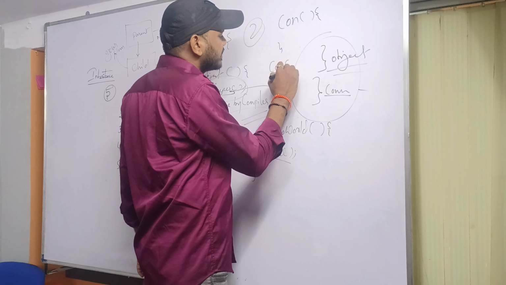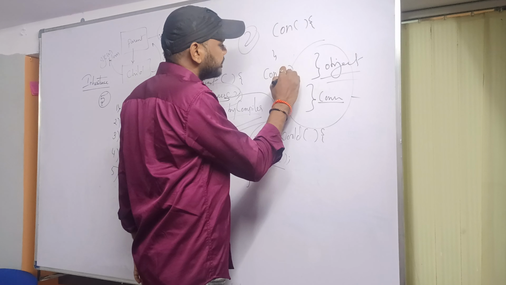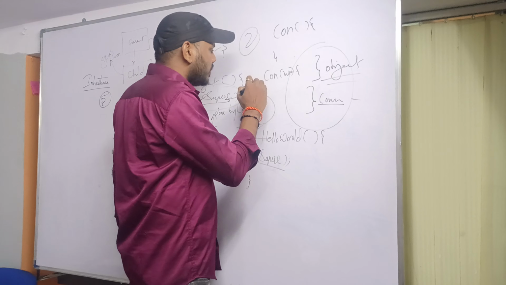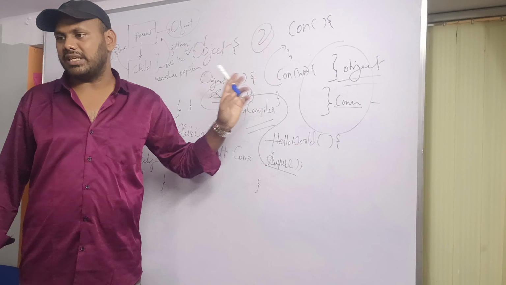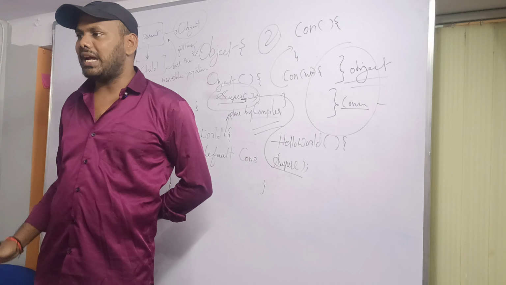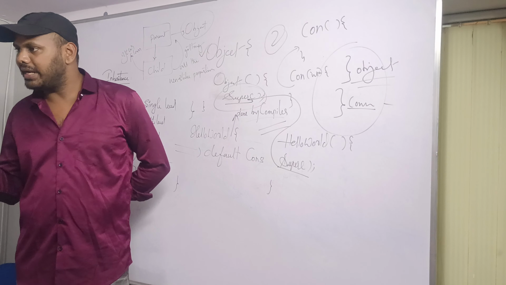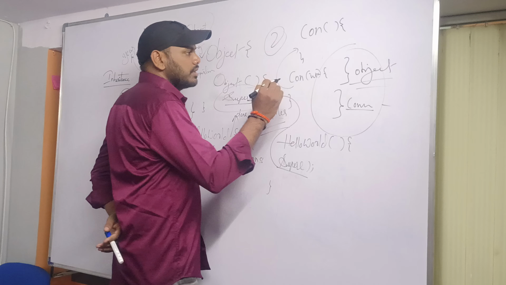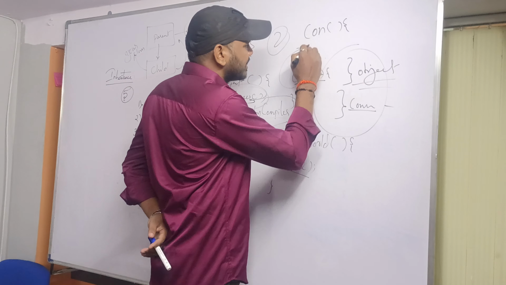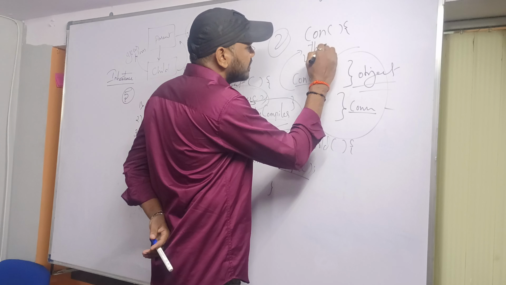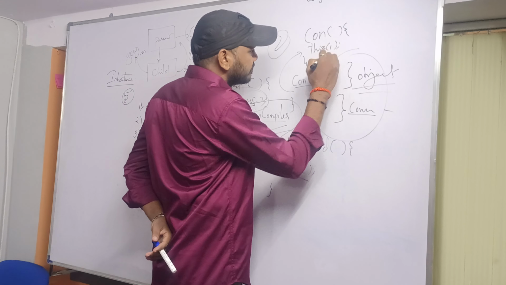Again I am having another constructor with int a. So I want to call this constructor by using this constructor. At this moment I use this call statement. What do I use? This. For example, I want to call this constructor. So we will call this one.